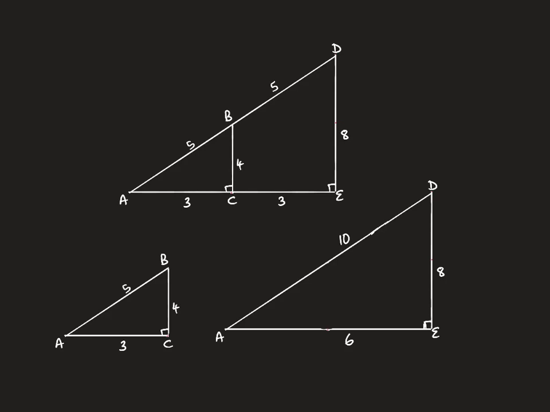What you notice, of course, is that angle A in the small triangle is the same as angle A in the big triangle. That's a common angle there. And you will also notice that angle B in the small one is equal to angle D in the big one.